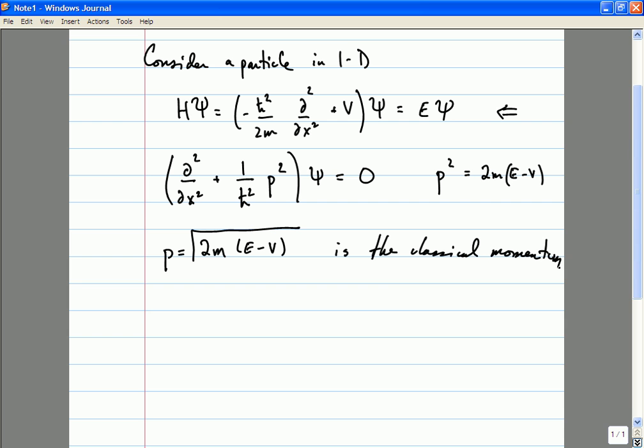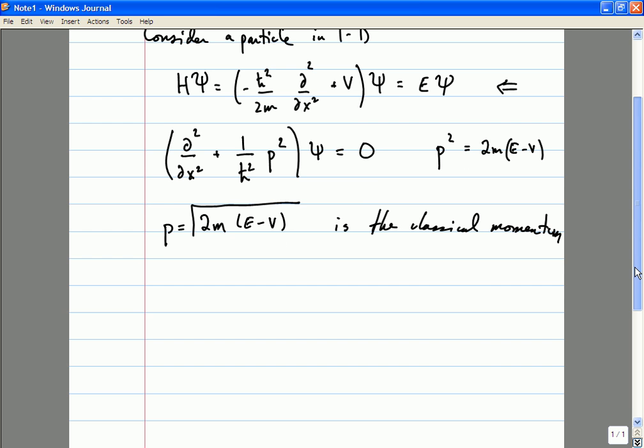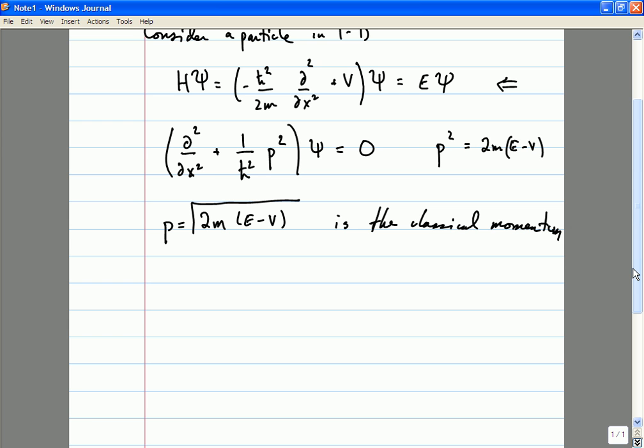So in our semiclassical limit, this particular combination of E and V should play the role of the classical momentum. And we've written Schrödinger's equation in a suggestive form in this second line here, involving this expression which we identify as the classical momentum.